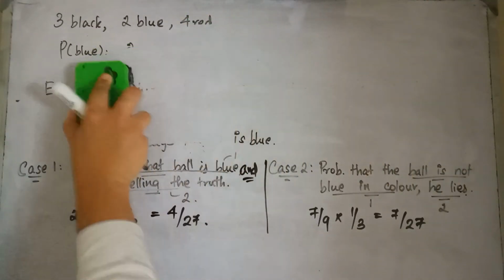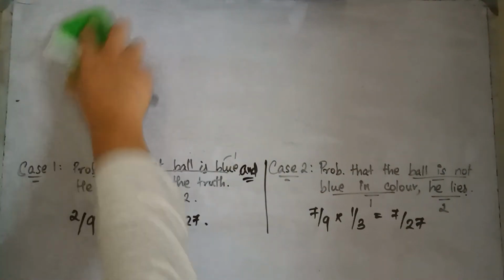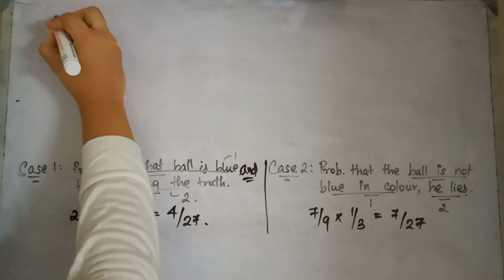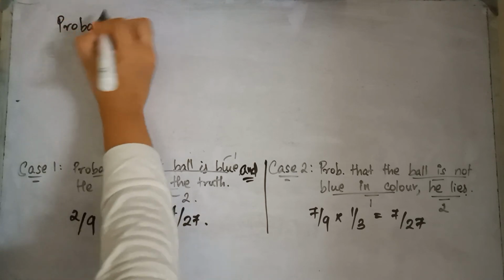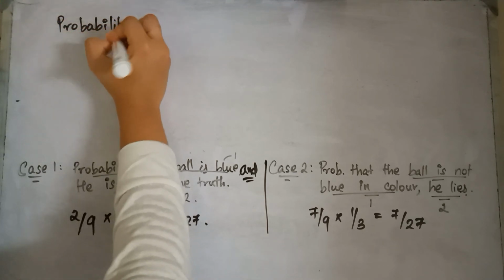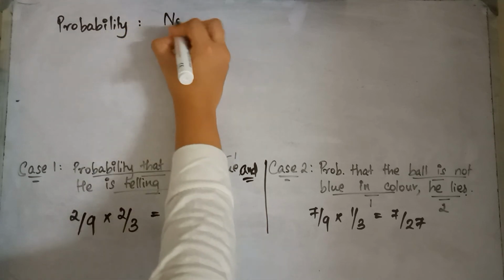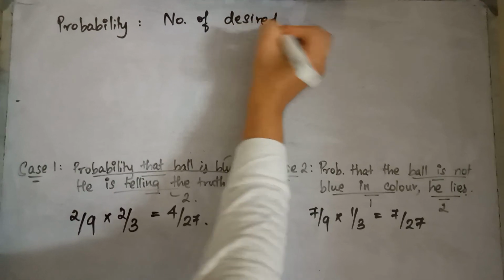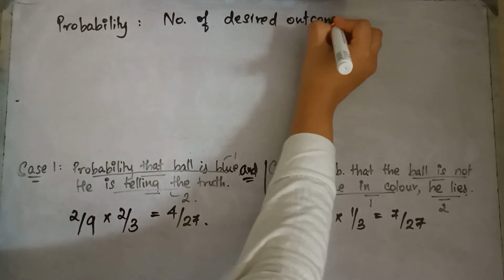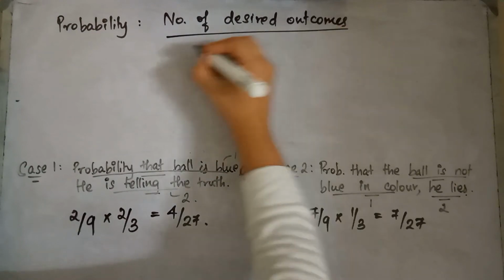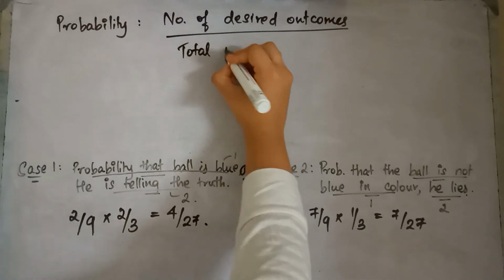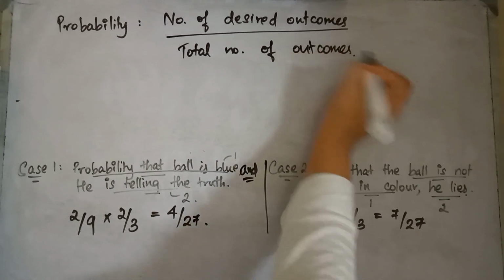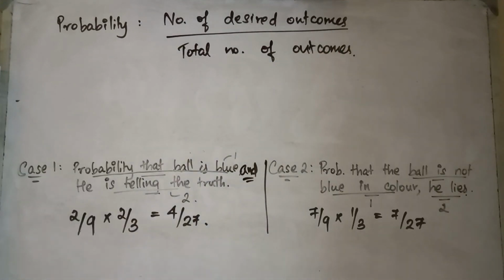Now what we'll do is, let's erase all of this and let's look at the formula for probability. Probability is given as number of desired outcomes divided by total number of outcomes. Now what is the desired outcome that the question states?